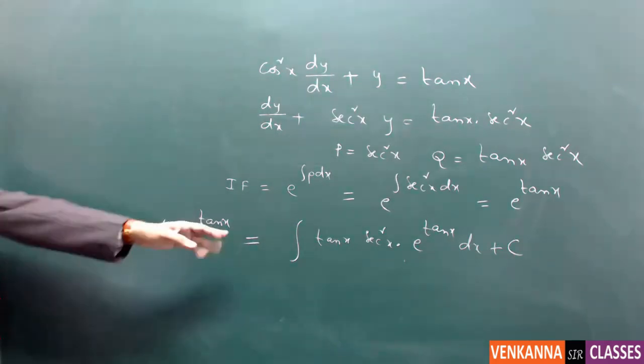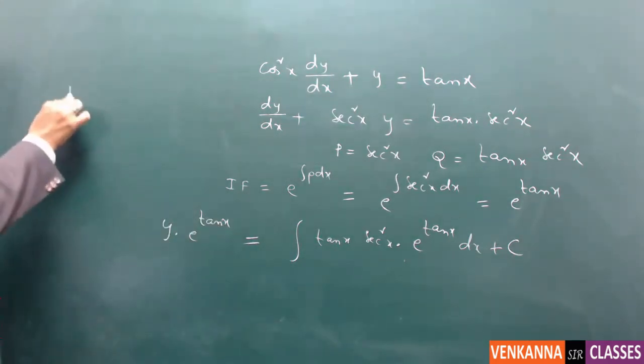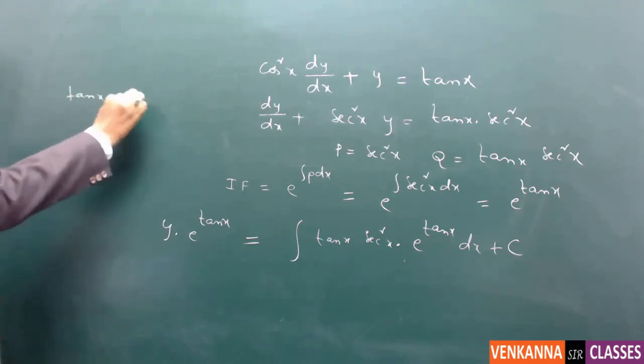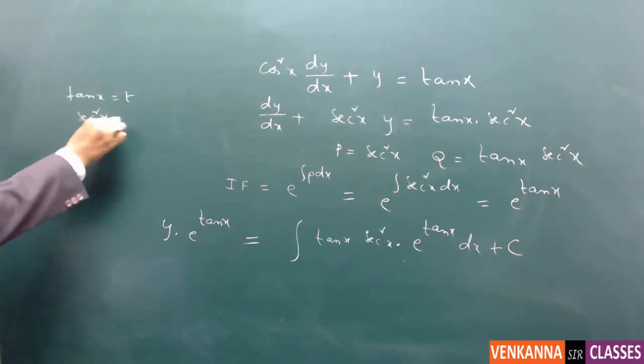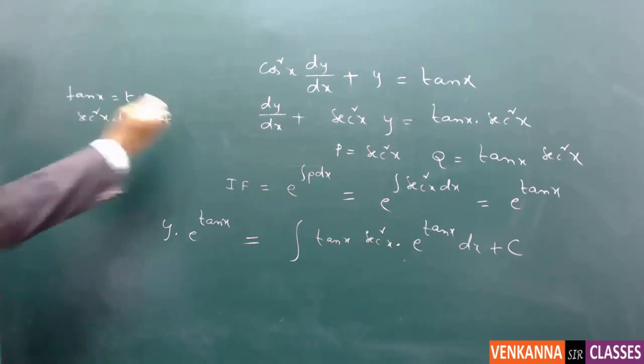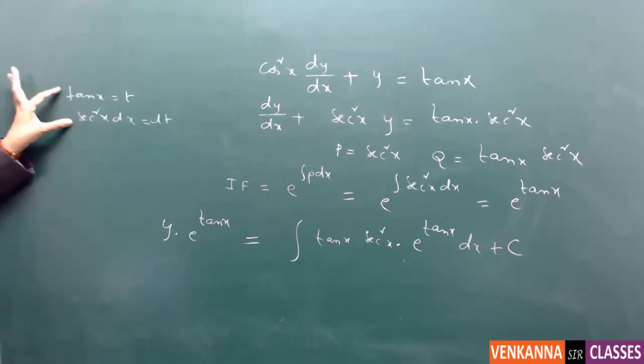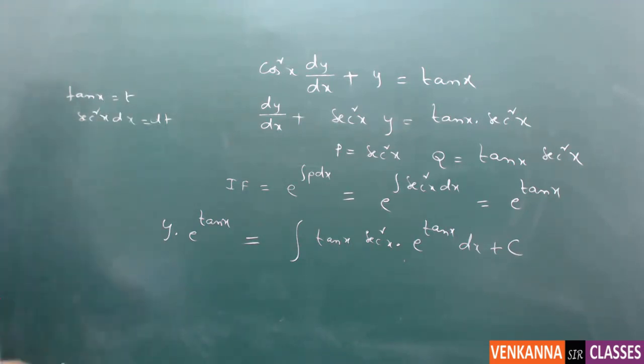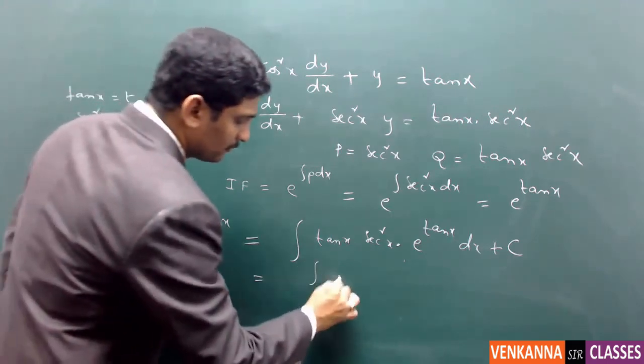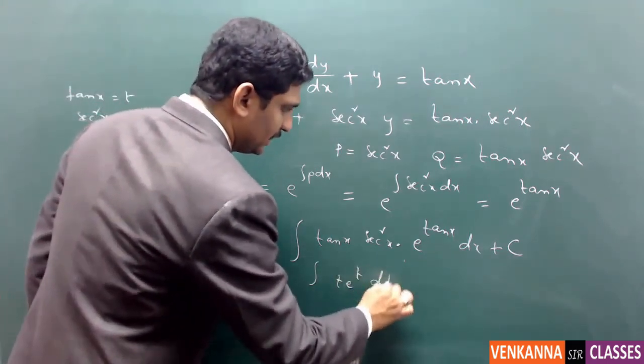Now to evaluate the integral, let us take tan x equal to t. So secant square x dx equal to dt. Substituting these values in the integral, it will become t e power t dt plus c.